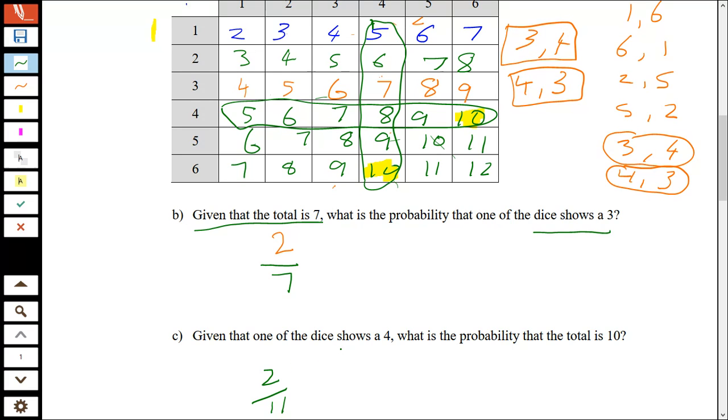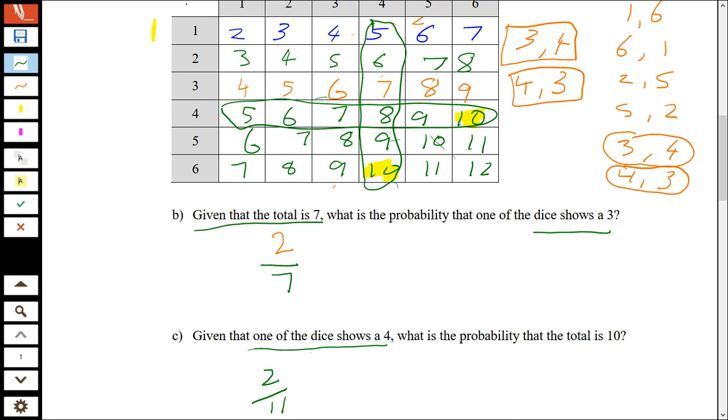So the condition is one of the dice shows a 4. Okay, and the probability that the total is 10 is the second event that we've got to find. So we circled all the possibilities with 4 on one of the dice, and then there's 2 of those which add up to 10. So it's 2 out of 11.